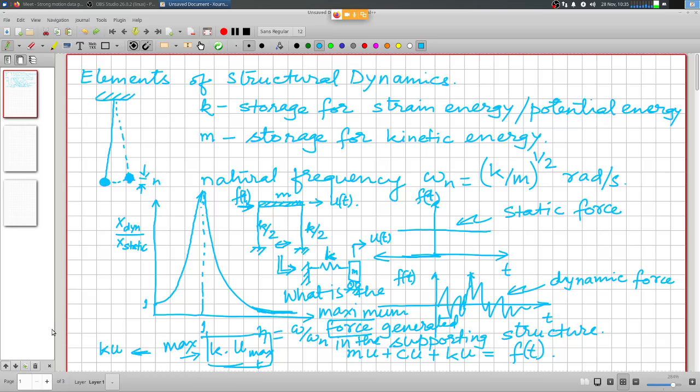So it is important for me to characterize the response. If I find out some dynamic excitation, then it is important from an engineering point of view to figure out what is the effect of this excitation on systems of different natural frequencies. All systems do not respond uniformly or identically to the same excitation, right?